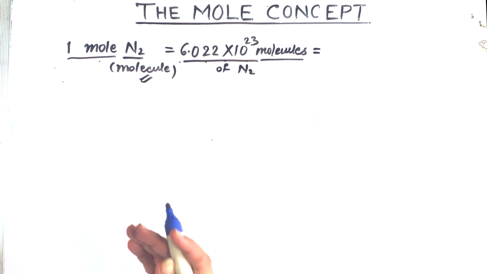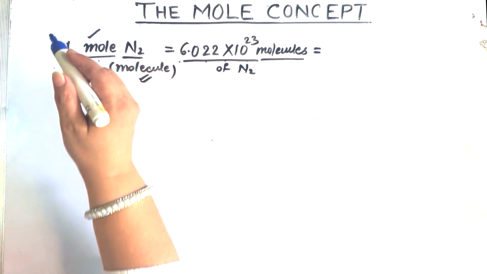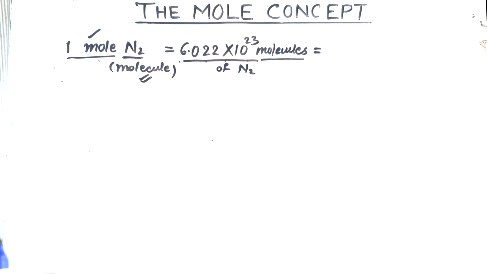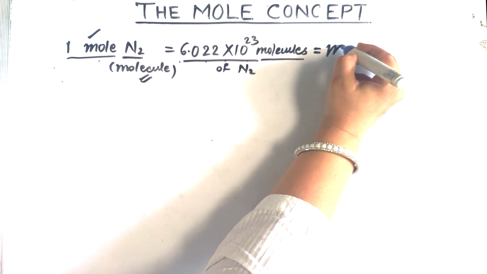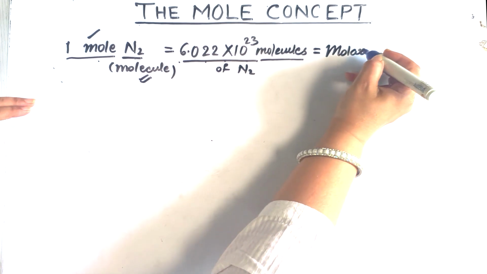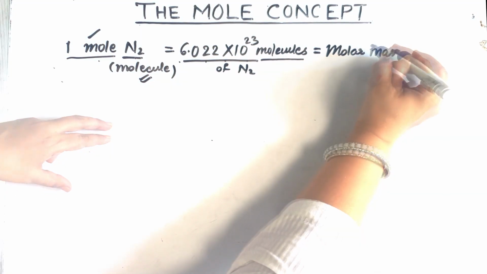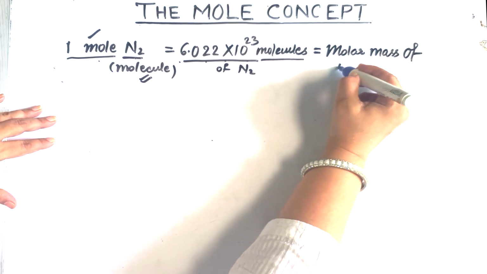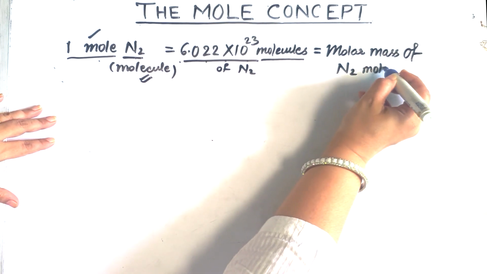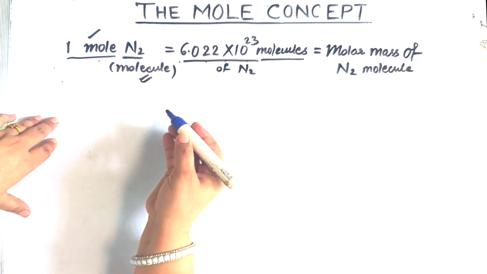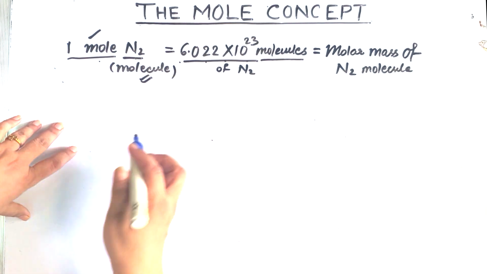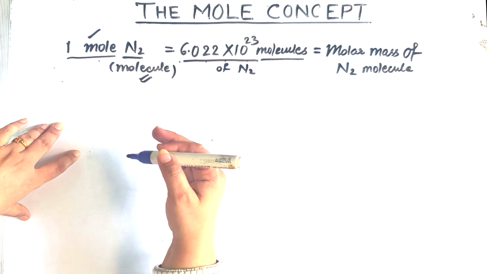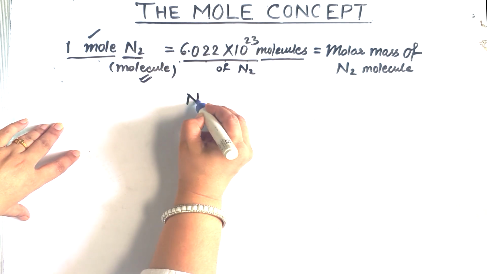And what will be the mass of this 1 mole substance? That will be the molar mass of nitrogen molecule. So how are we going to calculate the molar mass? Molar mass is always equal to the molecular mass, so let us count the molecular mass.